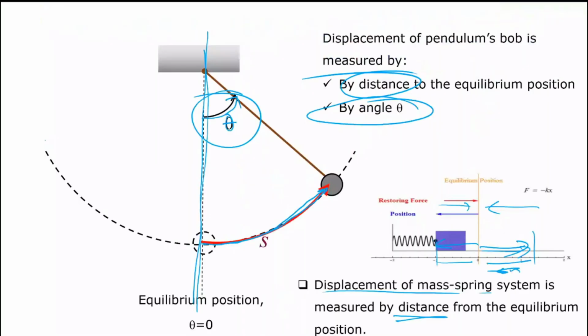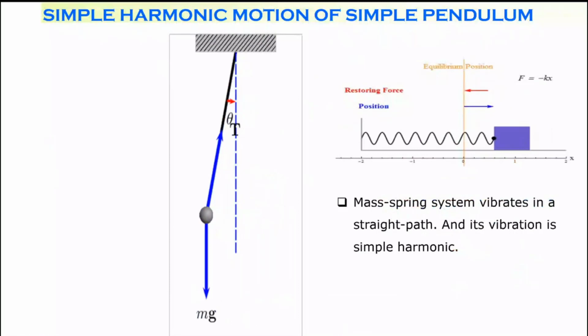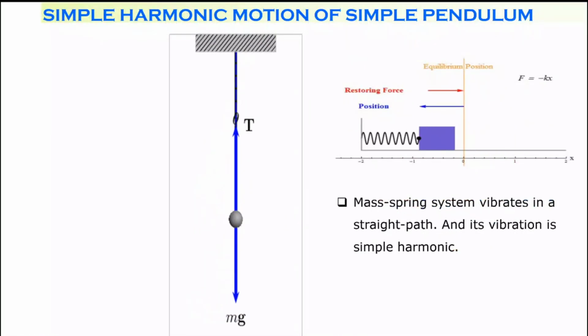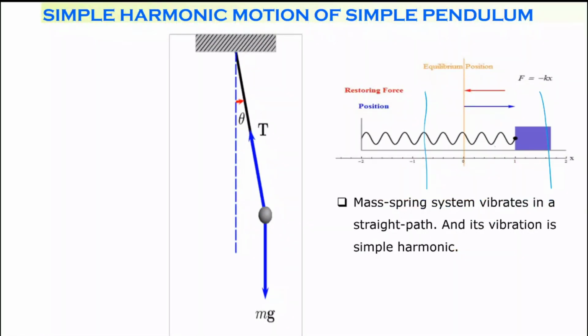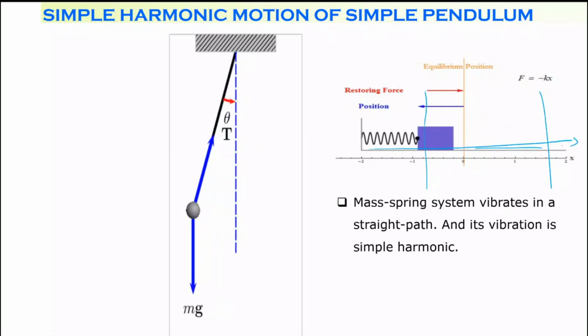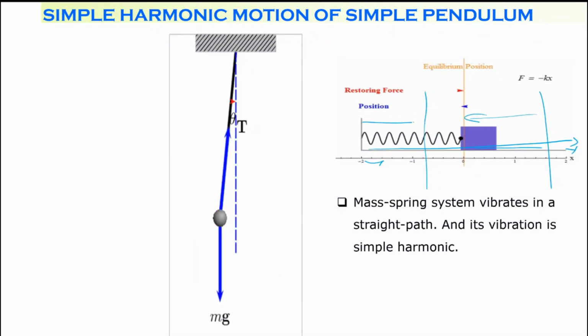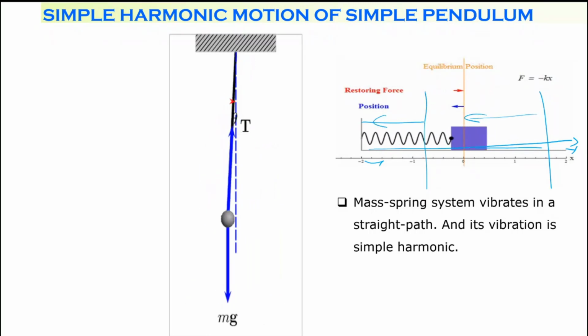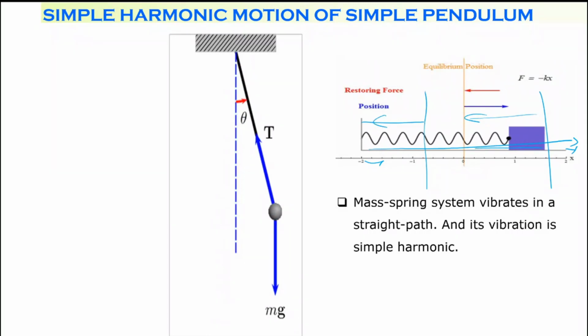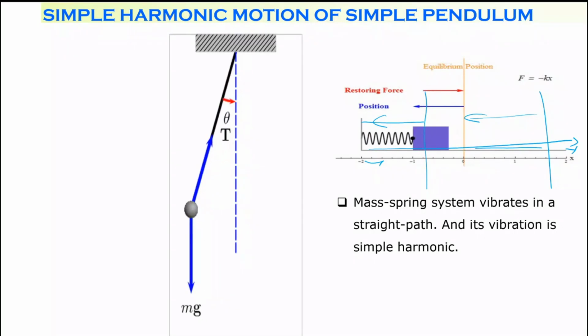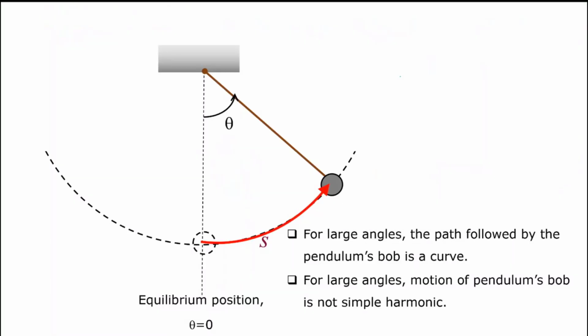So now let's start. Mass spring system vibrates in a straight line path. Yes, we know this. It's moving in a straight line path. Direction of the motion is along the x-axis. And restoring force is also acting along the x-axis, but in the opposite direction of the displacement. But in simple pendulum, the case is a bit different. In simple pendulum, especially for large angles, the path followed by the pendulum's bob is not a straight line, it's a curve.